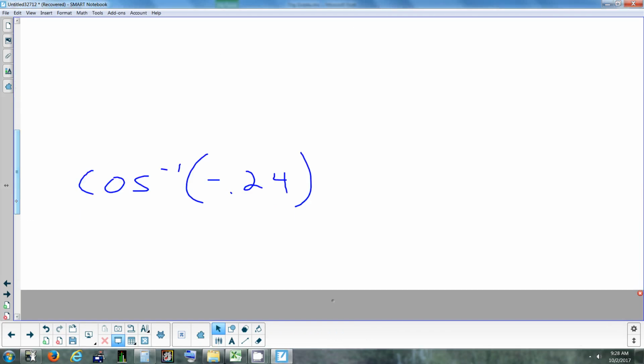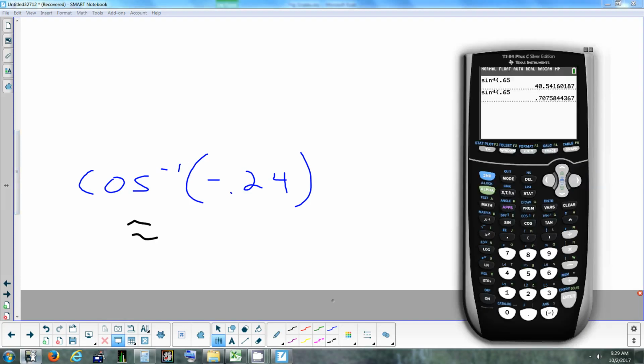All right, so let's try that one. Inverse cosine of negative 0.24. So Irene, when you typed that one in, did you use degrees or radians?